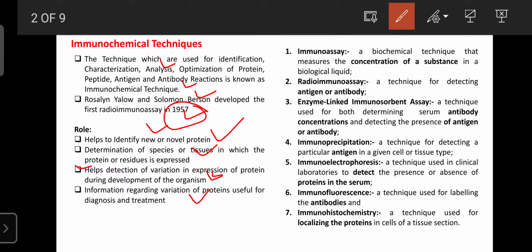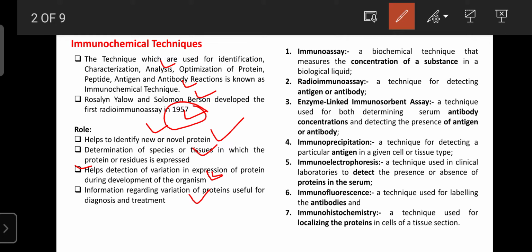By targeting that protein, we can identify the presence of coronavirus, or by inhibiting that protein we can eradicate the coronavirus from our blood. Like that, this technique is helpful for diagnosis and for the development of treatment for particular infections or endocrine disorders.